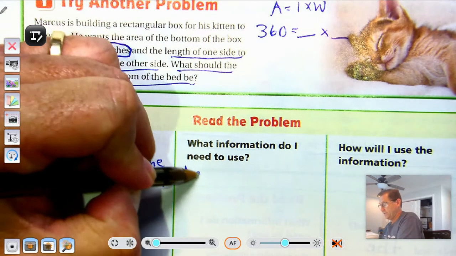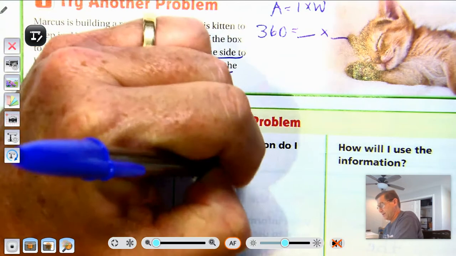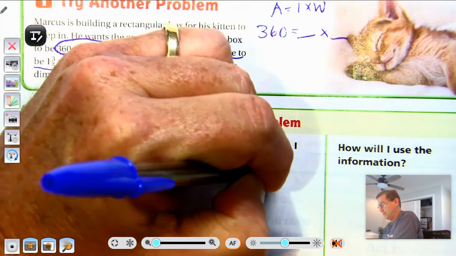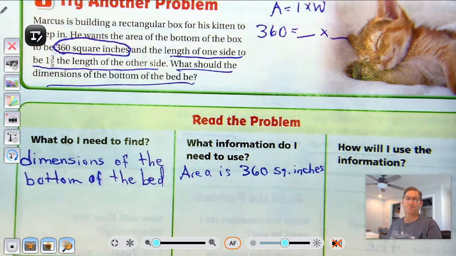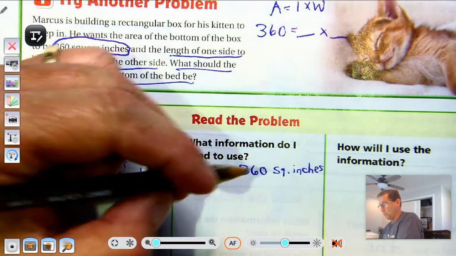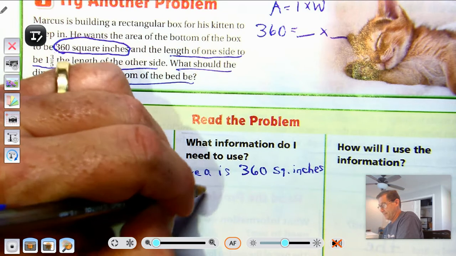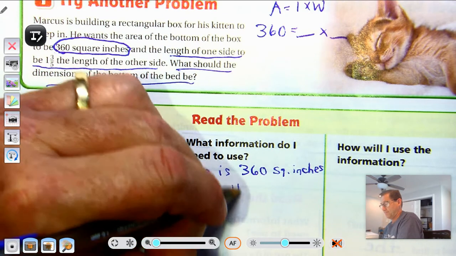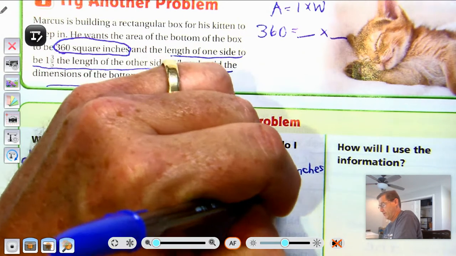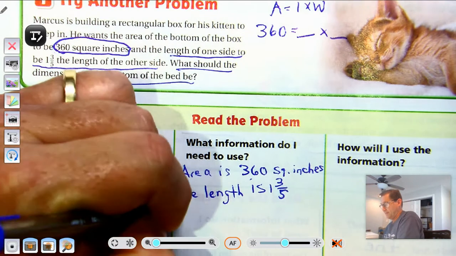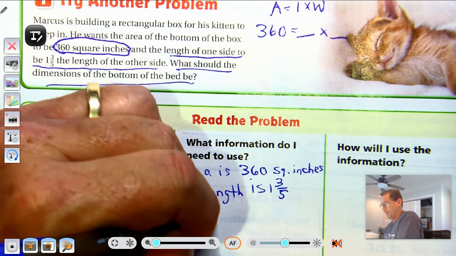Well, the area is 360 square inches. One length is 1 3/5 the length of the other side.